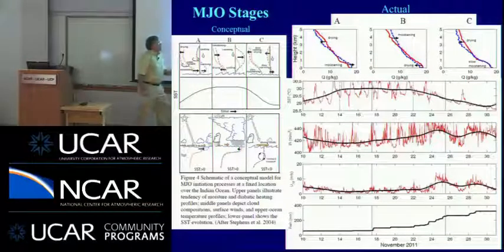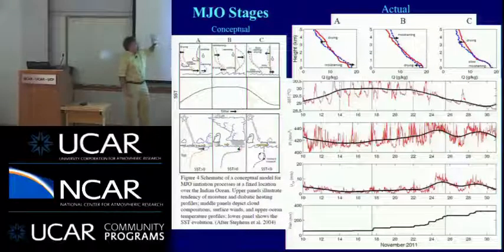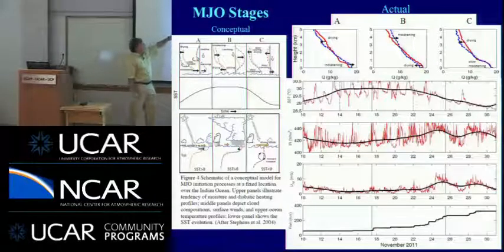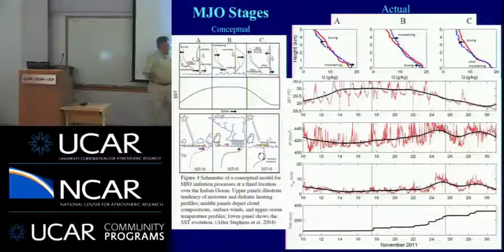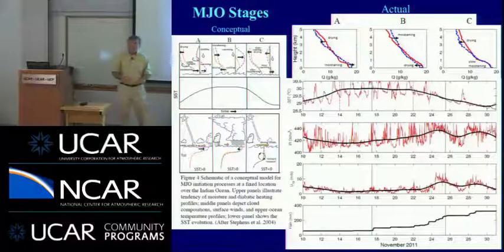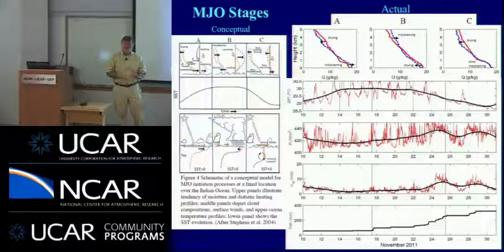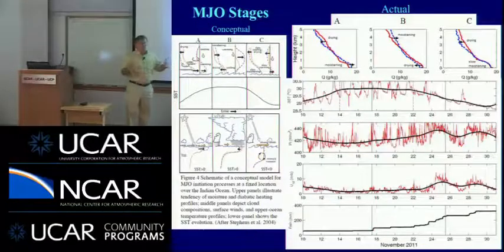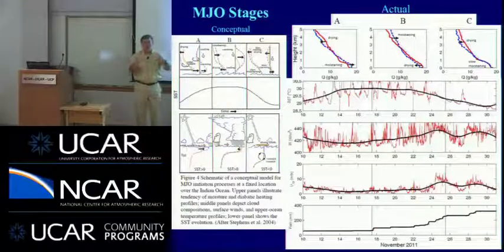Simon DeSzoeke has done a ton of work on this, and I'm going to pretend to be Simon. What we found is that while the surface evaporation directly beneath this MJO event is an important consideration, it's really moisture convergence aloft that is driving a lot of this variability from stage to stage. Without moisture convergence aloft, you cannot explain the amount of precipitation that falls.